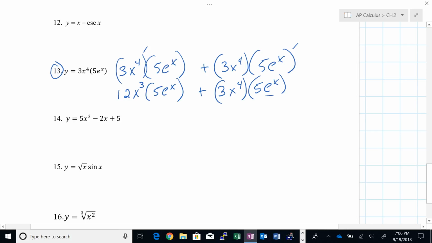So if we clean that up, there's not much we can do. We got 12 times 5, so we got 60 x cubed e to the x plus 15 x to the 4th e to the x.